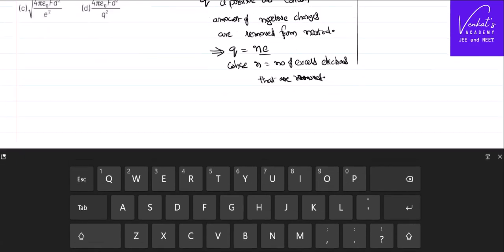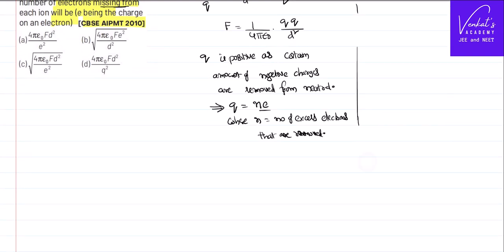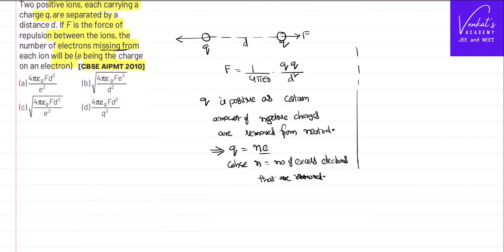So what happens to my equation? F becomes 1 by 4 pi epsilon naught, q means n e, by r square. So F equal to 1 by 4 pi epsilon naught n square e square by r square.